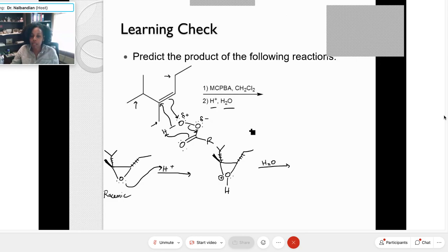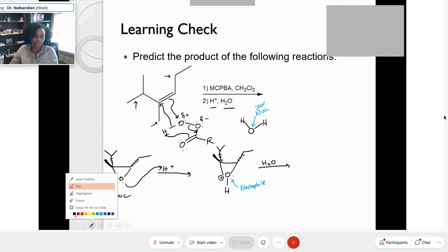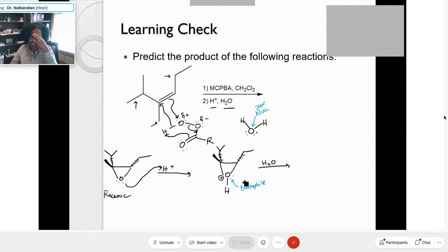So the water comes in on the opposite face to where the original oxygen is. So this oxygen was our original electrophile. And now this oxygen is now our nucleophile. Yeah, it's a poor nucleophile, but it is our nucleophile. So the nucleophile is going to attack on the opposite face to where the electrophilic oxygen was.